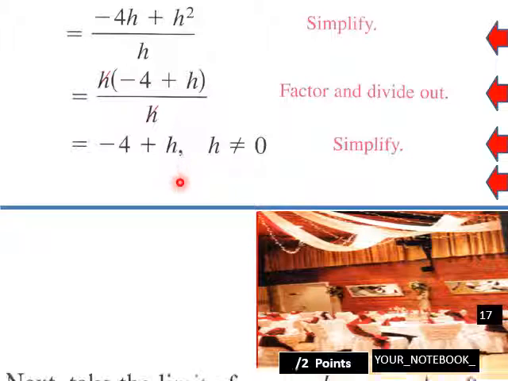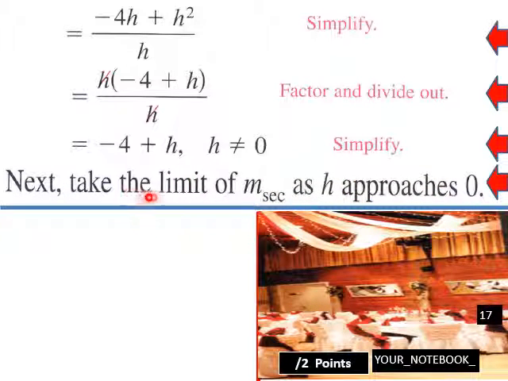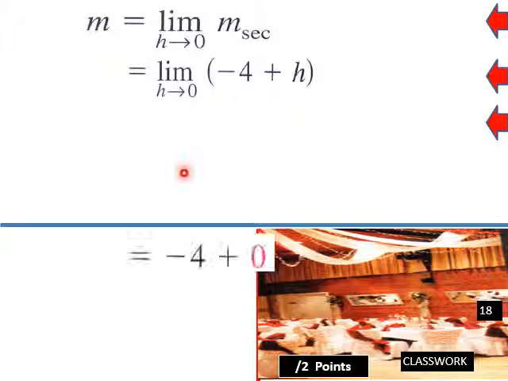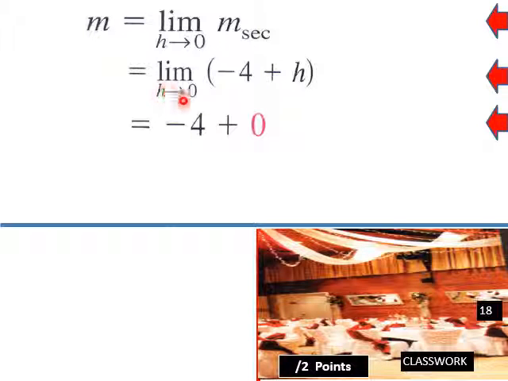h cannot equal 0. Next, take the limit of m secant as h approaches 0. So as h approaches 0, from our calculation of -4 plus h, if we turn our h into a 0, we get a slope of -4.